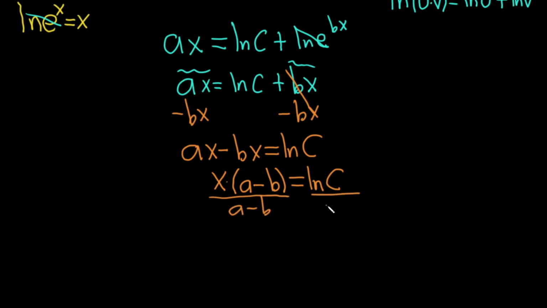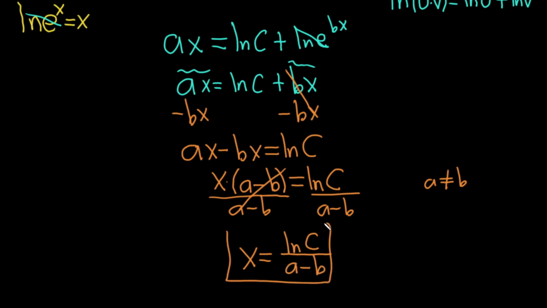And perhaps this is the part where we need to realize that a is not equal to b. Otherwise, we would be dividing by 0. So x is equal to the natural log of c over a minus b. And that would be the answer to this equation.